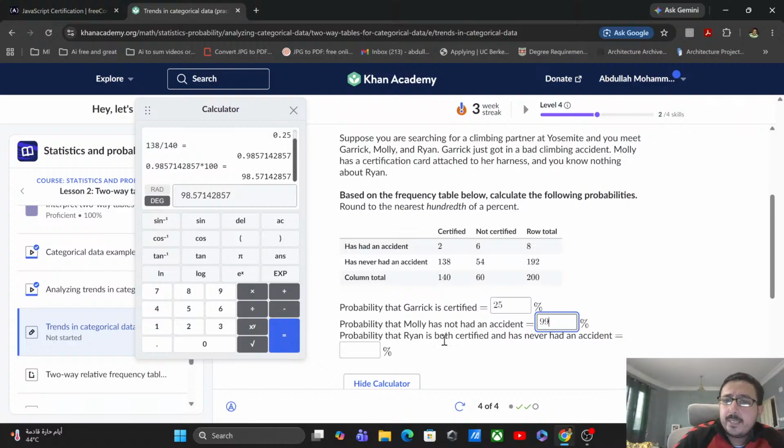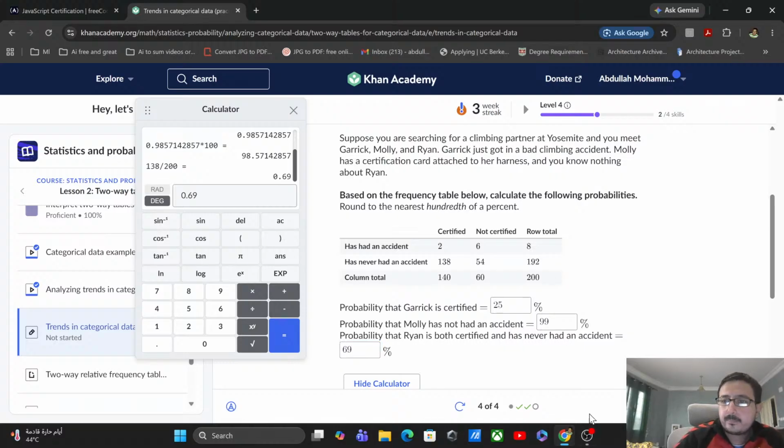Probability that Ryan is both certified and has never had an accident. So out of the 200, he is certified and never had an accident. 138 over 200, 69%.